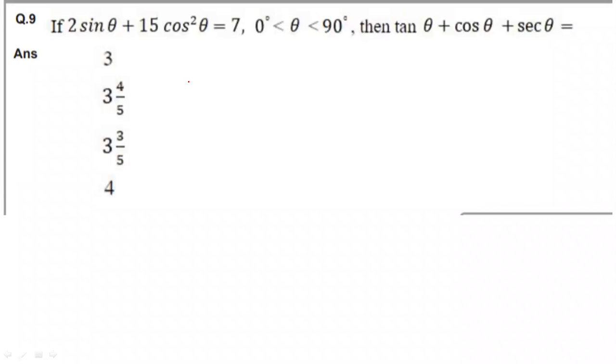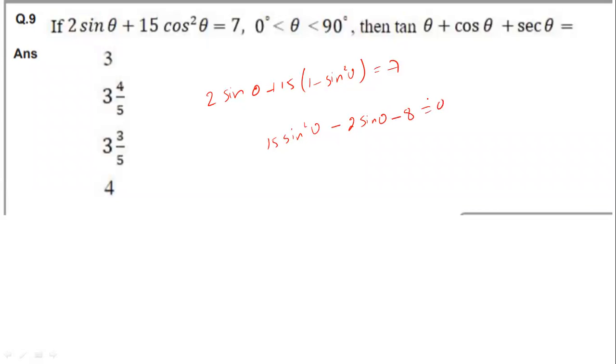2 sin theta + 15 cos square theta is 7. Then what I will do is plus 15 into, instead of cos square, I'll write it as 1 minus sin square, is equal to 7. So if I send that side, 15 sin square theta minus 2 sin theta minus 8 is equal to 0.